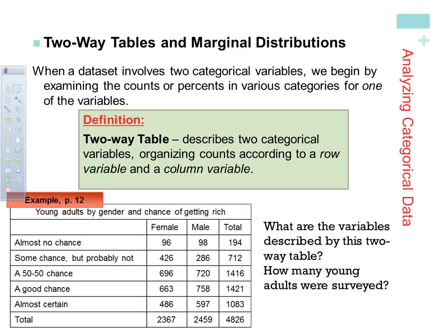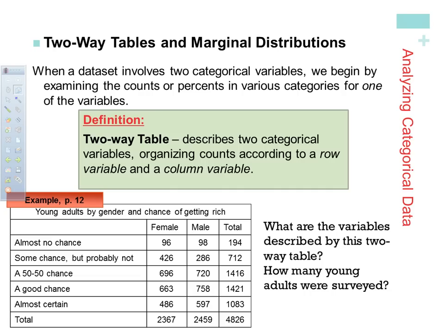There's an example on page 12 that talks about a survey that was done with young adults, and they even give an age range. So hopefully you're in the habit of following along in your book as we go through the notes. I reference the book quite often, but it was a survey of 4,826 randomly selected young adults aged 19 to 25.